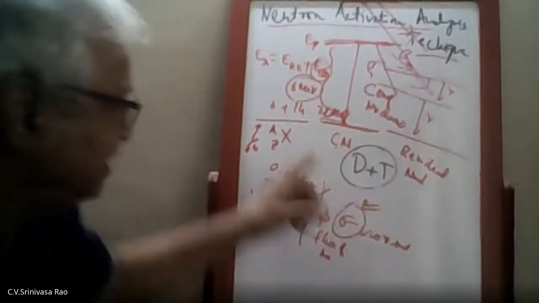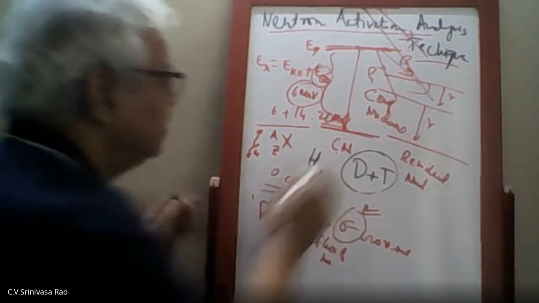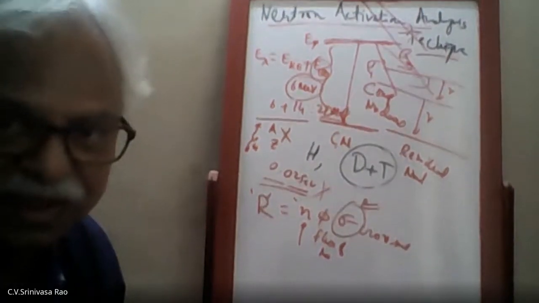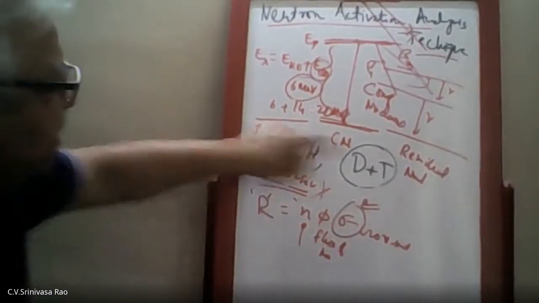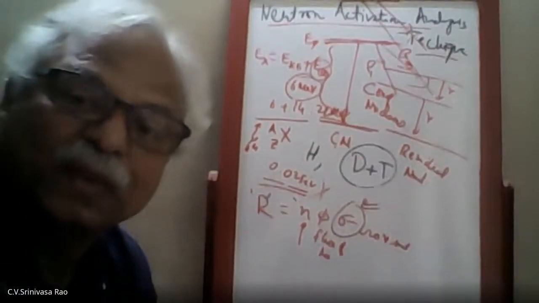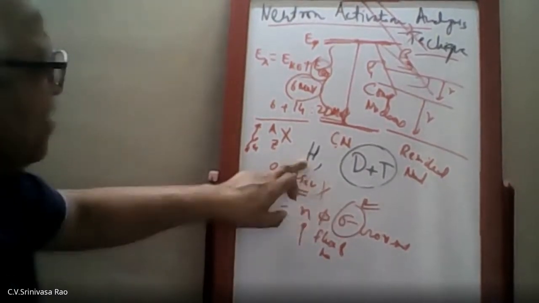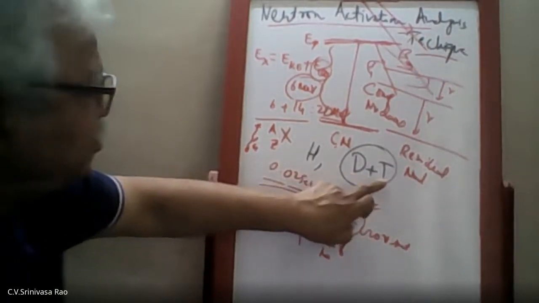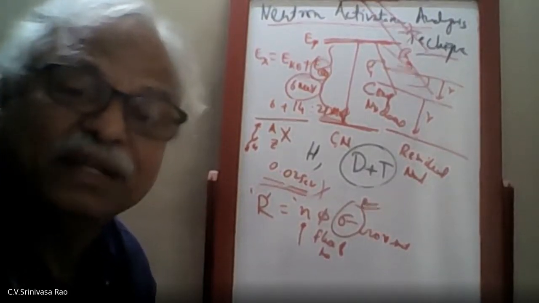Chemically, there is no difference between hydrogen, deuterium, or tritium, because chemistry depends upon the number of electrons, not what is in the nucleus. Each has just one electron in the atomic orbit, so the chemistry is the same. Physics is different because one has one proton, another has one proton and one neutron, and the other has one proton and two neutrons. So physically they are different, but chemically they are the same.